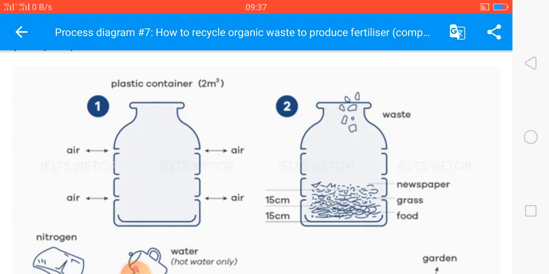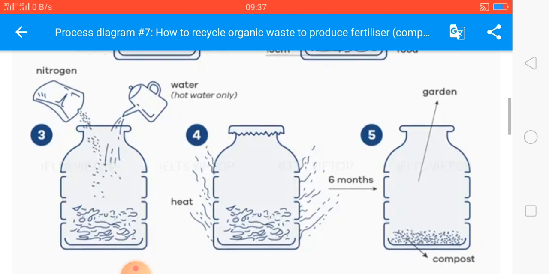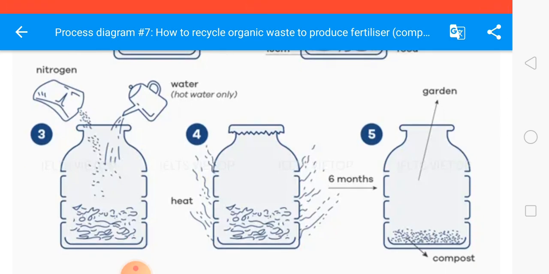So 15 centimeters each layer. The first layer is of food, second of grass, and third is of newspaper. And after that, 2 other materials like nitrogen and hot water are added to speed up the chemical reaction that is required to make compost.